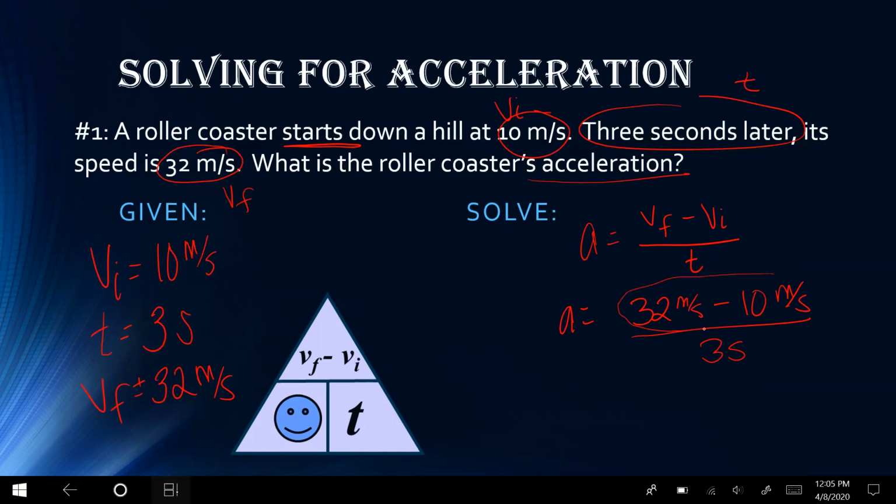So I'm going to simplify this top part before anything else. 32 minus 10 gives me 22 meters per second on top, still divided by the 3 seconds. So I'm going to divide 22 by 3 to get an acceleration of 7.3. And the units for acceleration are meters per second squared.